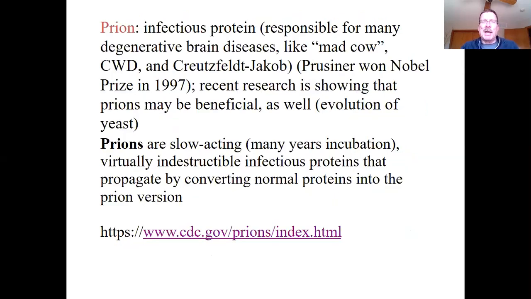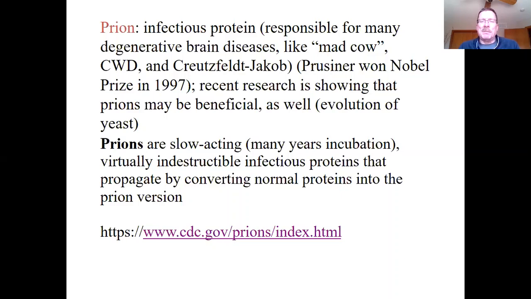You can also have prions, which are infectious proteins. You may not remember, but for a while there was a problem with beef on the European continent because of mad cow disease. And that turns out to be an infectious protein.